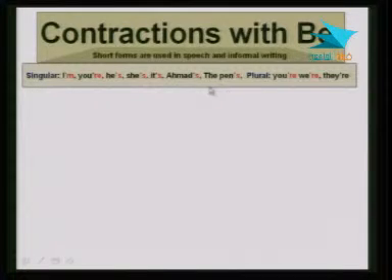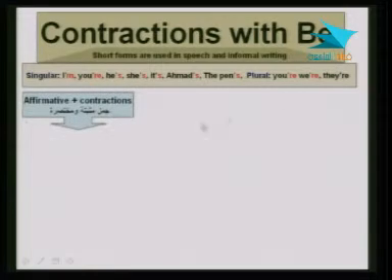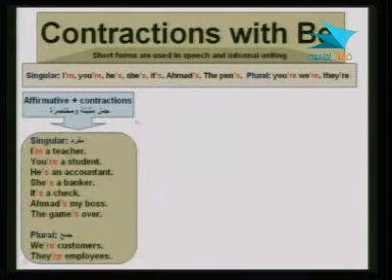These are all examples for singular subjects, where we make the short forms by putting together the verb be in its short form with the subjects: I, you, he, she, it, Ahmed, and the pen. For the plural forms, we say you're, we're, and they're. Okay? And here we get some examples. Affirmative plus contractions. Singular and plural.